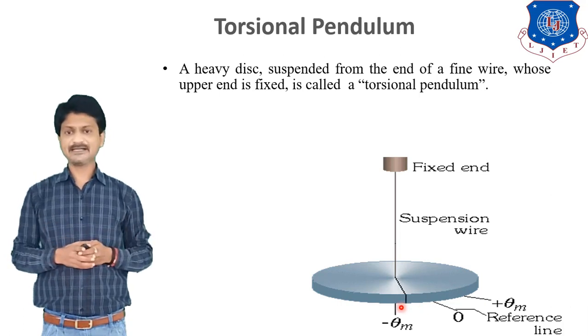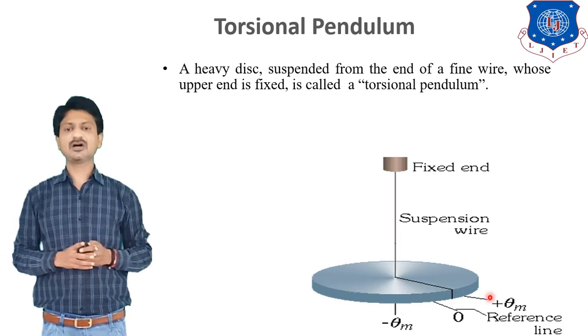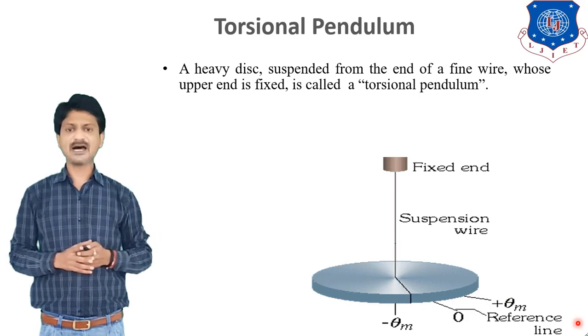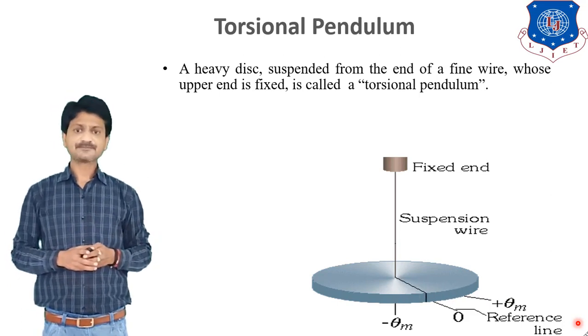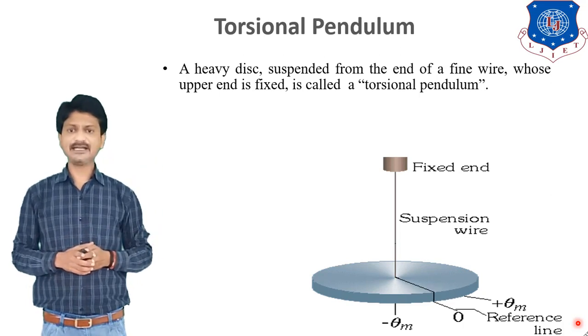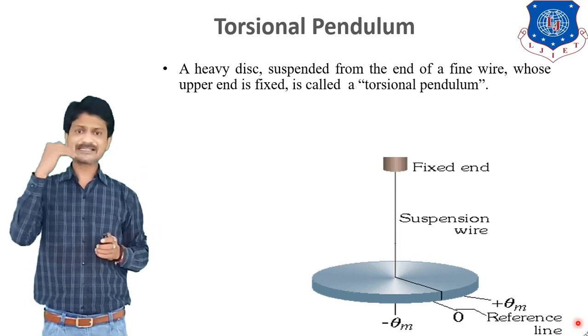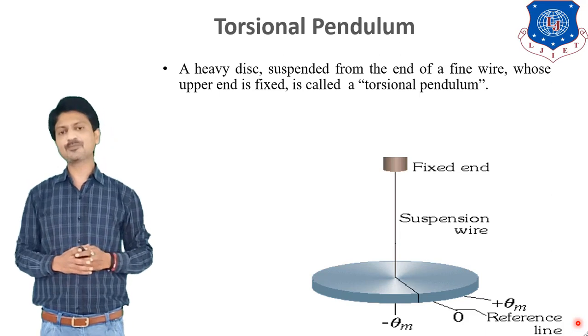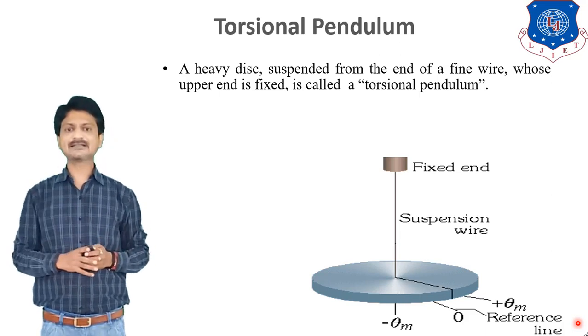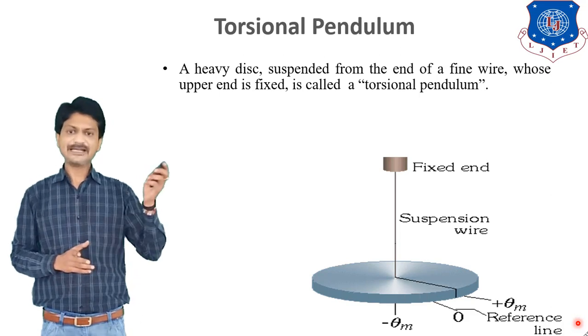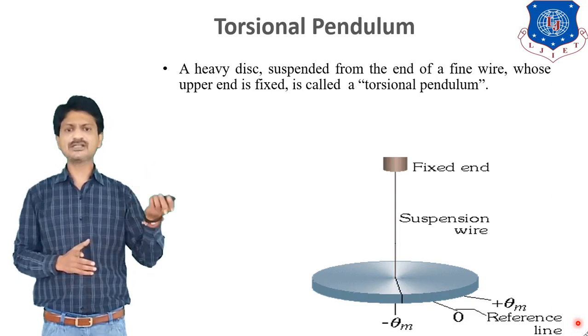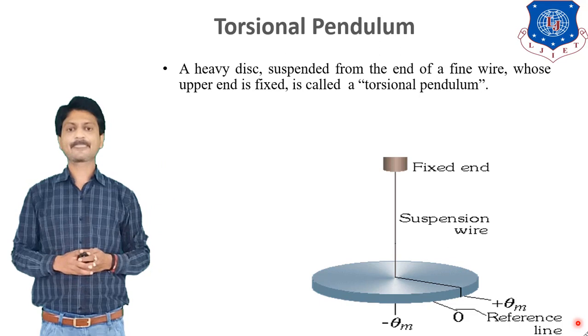Also we can say that this is the angular version of the bouncing mass hanging from a spring. When the disc is turned about the axis of the wire, it exerts a torque on the mass, so it tends to rotate it back to its original position.